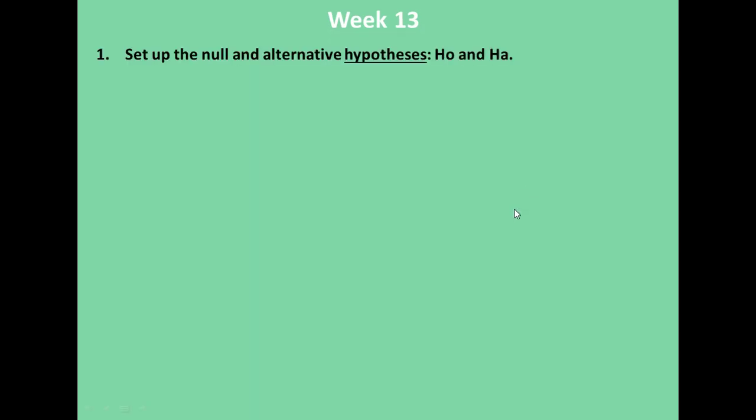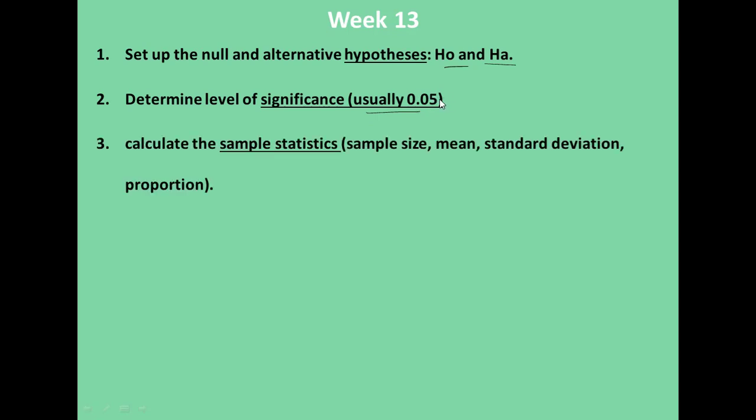The steps: first of all, you set up the null hypothesis and the alternative hypothesis. Then you determine the level of significance. Usually it will be given as 0.05. That's the alpha level. And then you calculate your sample statistics. Sometimes, or most of the time, they will be given. You'll be given the sample size, the mean, or the standard deviations, or the proportions.